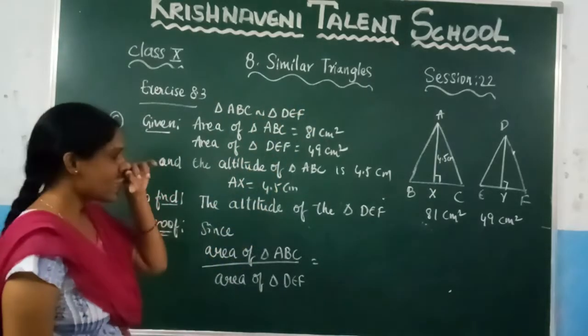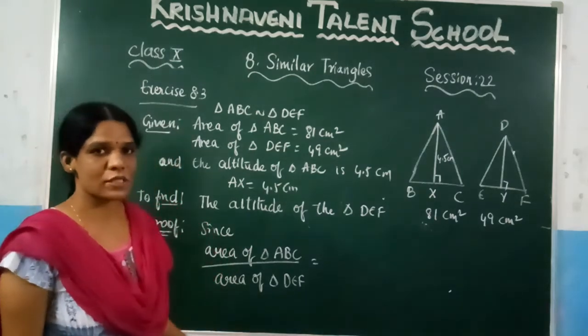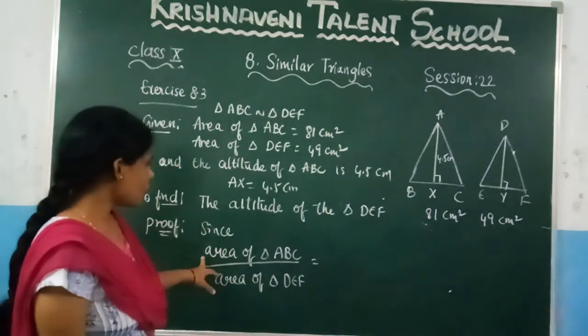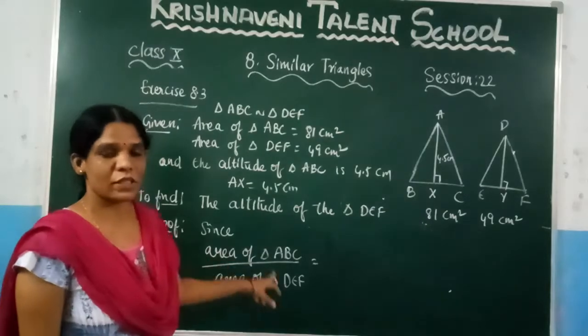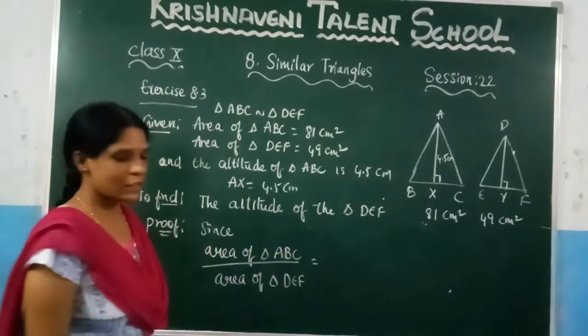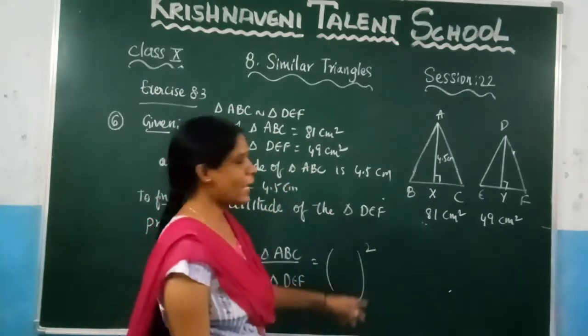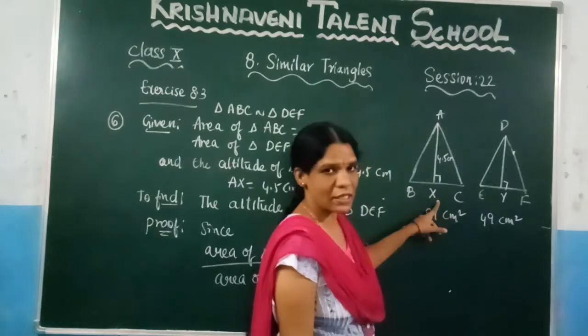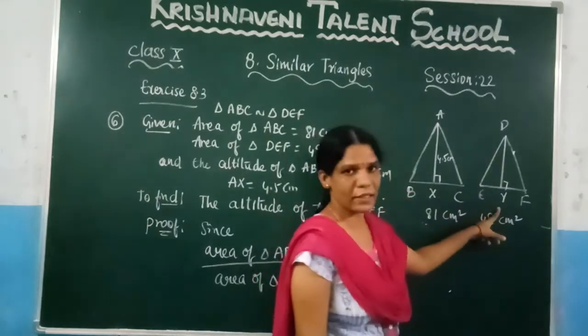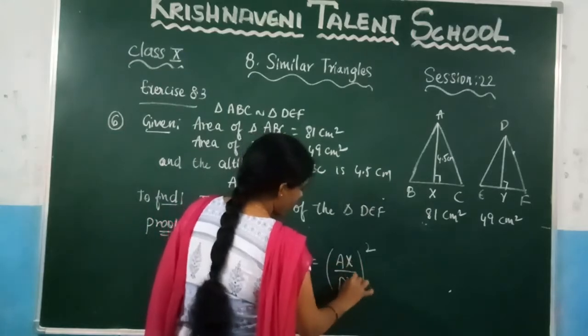This condition is also given, right? If these two triangles are similar, you know that by the theorem, the ratio of the areas of these two triangles is equal to the square of their altitudes. The altitude in this triangle is AX, and in this triangle DY. So you can write it as AX by DY whole square.